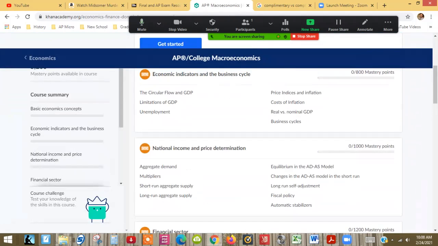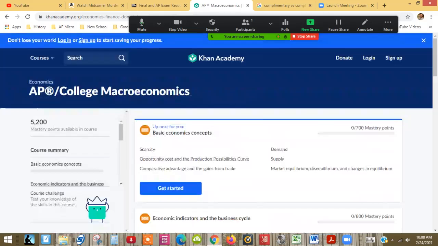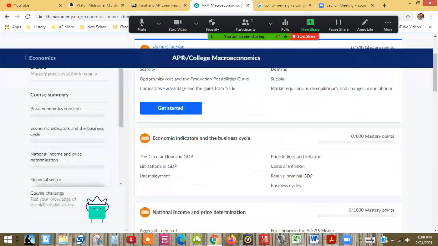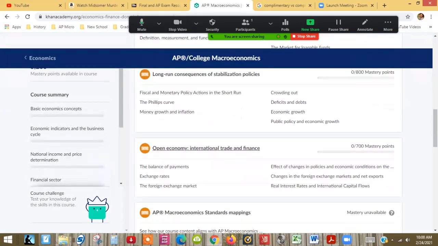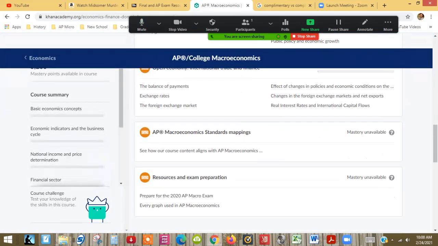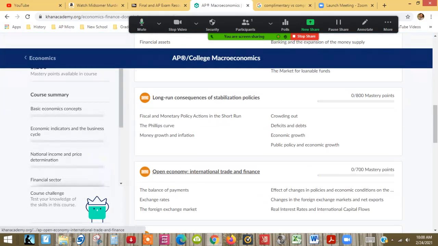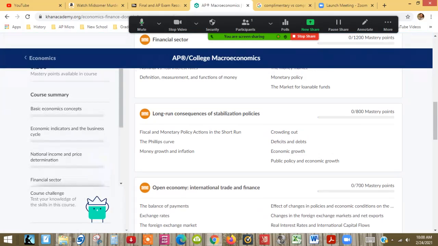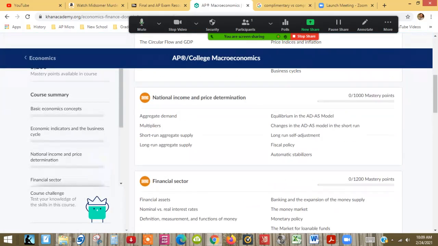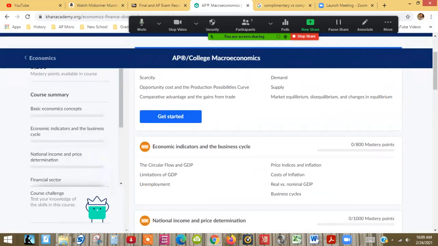We're doing the first unit right here, basic economic concepts, and then there's unit 2, 3, 4, and the last one's here. So you can see all the topics. For each week of our 6-week-long review, we're going to be doing one of these units.